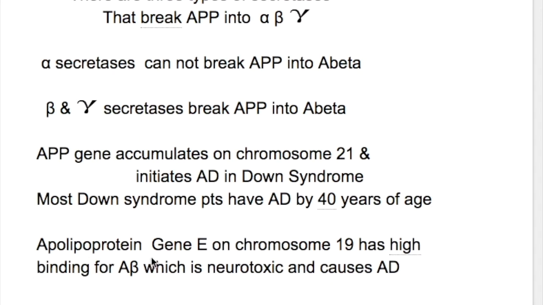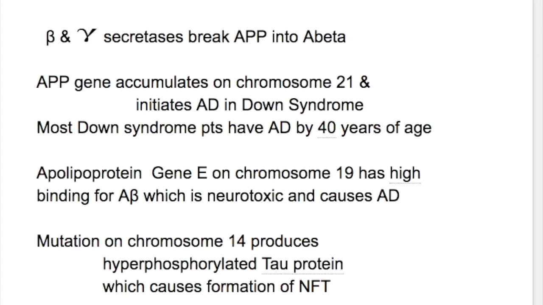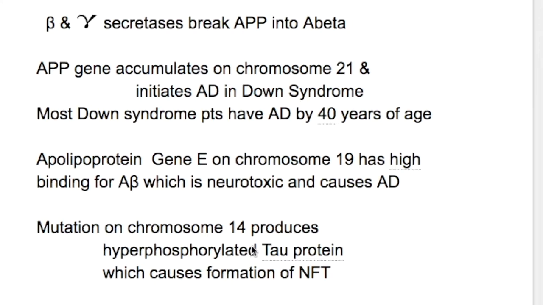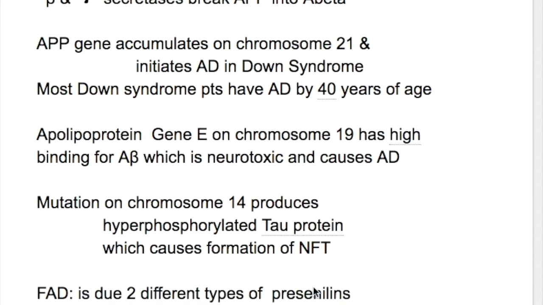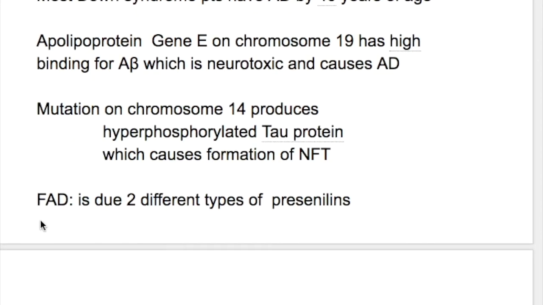Next, apolipoprotein E gene on chromosome 19 has high binding for A beta, which is neurotoxic and causes Alzheimer's disease. Next, mutation in chromosome 14 produces hyperphosphorylated tau protein, which causes formation of neurofibrillary tangles. Now, familial Alzheimer's disease.